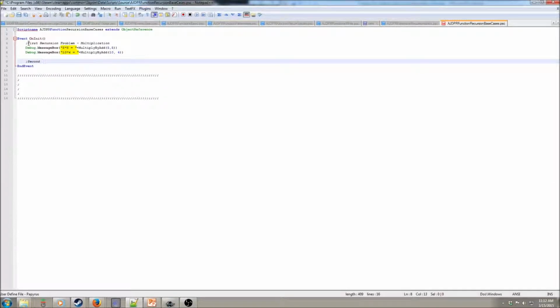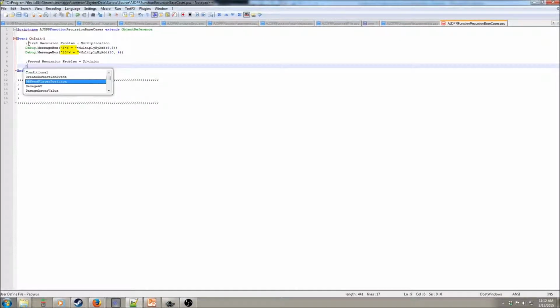So let's do a second recursion problem, and this is going to be division here. And we're going to do 20 divided by 4 equals, then we're going to add divide by subtract.